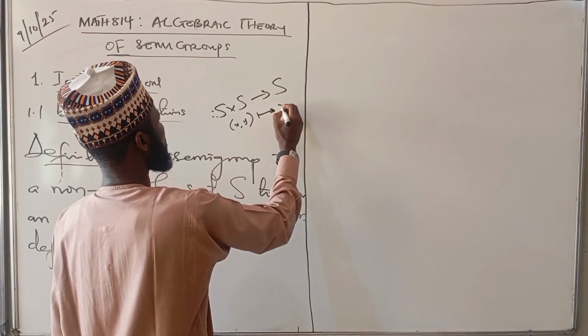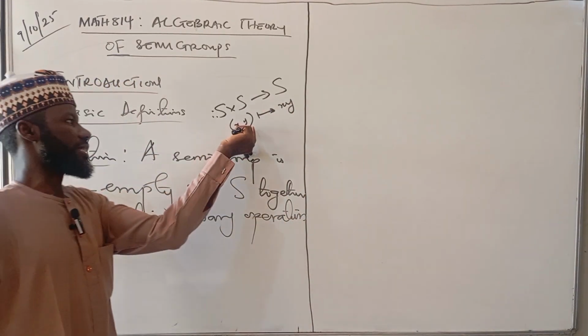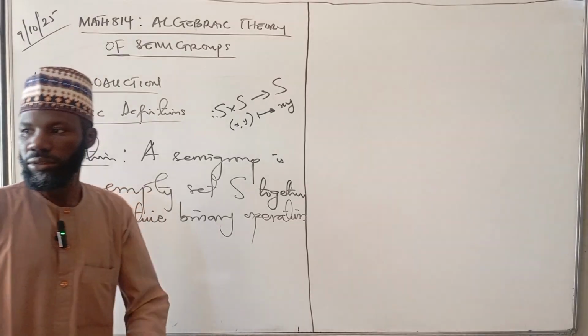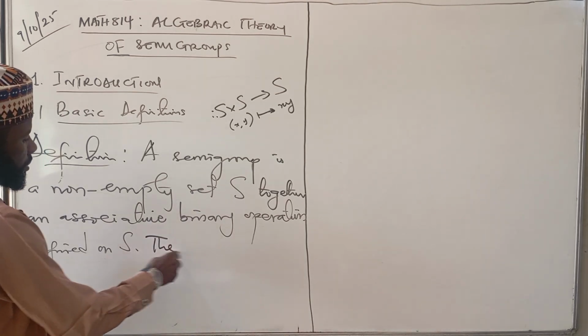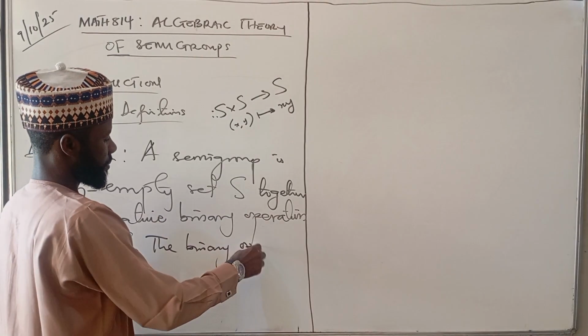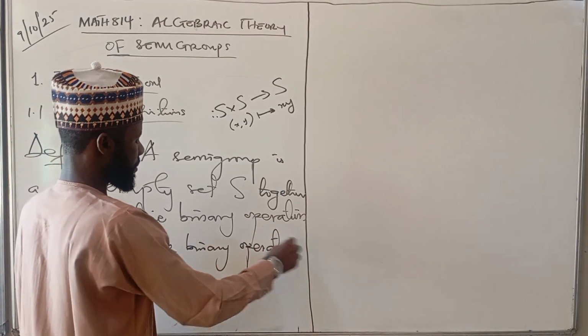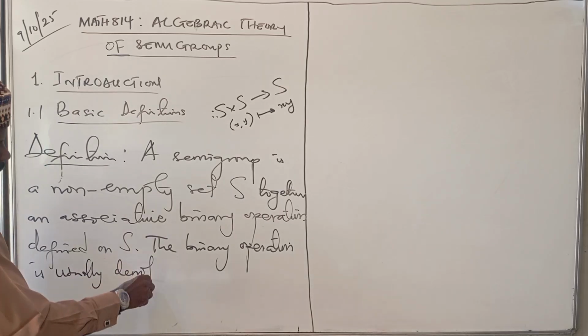Mostly we denote the result of combining x and y by xy, so we just use juxtaposition or concatenation. The binary operation is usually denoted multiplicatively.